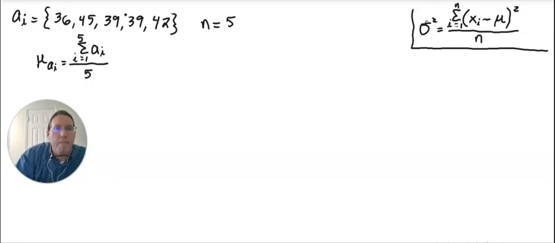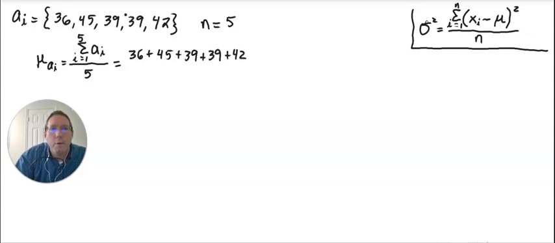Then we're going to divide by 5 because n is equal to 5. So this is going to be 36 plus 45 plus 39 plus 39 plus 42 divided by 5. Okay, let's go over to the NumWorks and get this sum.